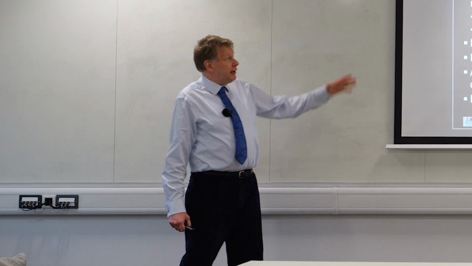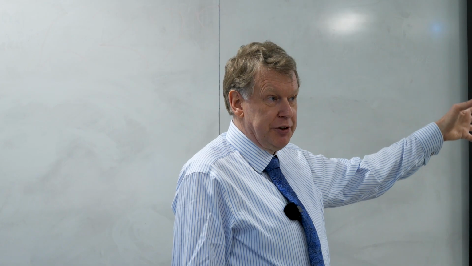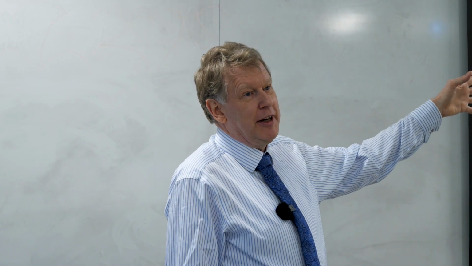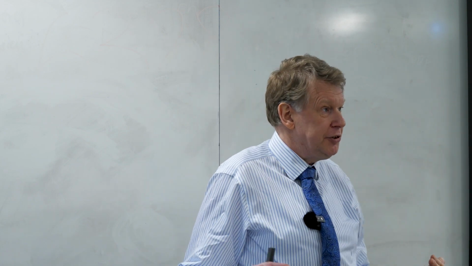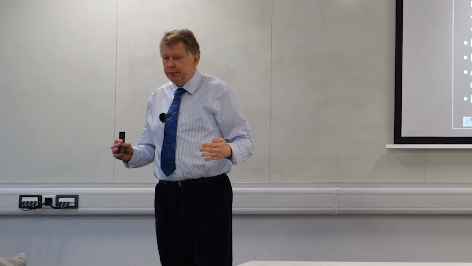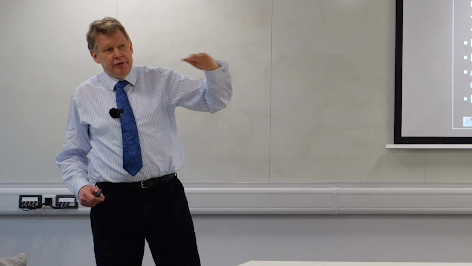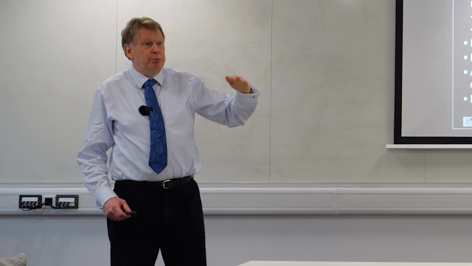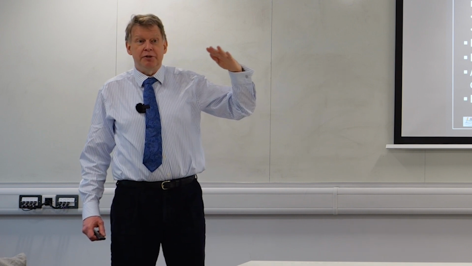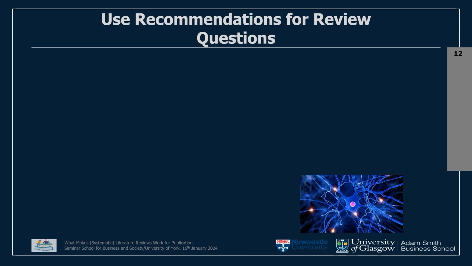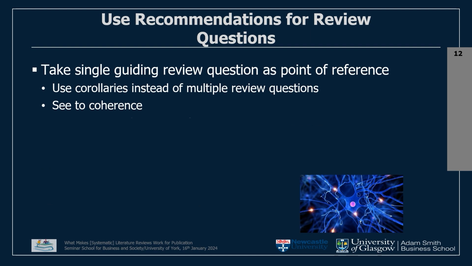Another way of looking is that once you have a review question, there are recommendations how to get it right. So what you see often is that those that write a publication, they have a number of questions that they ask. And if you look carefully, you will see that they are poorly related. The way to get around that is by taking a single guiding review question as starting point and explicitly mentioning this.